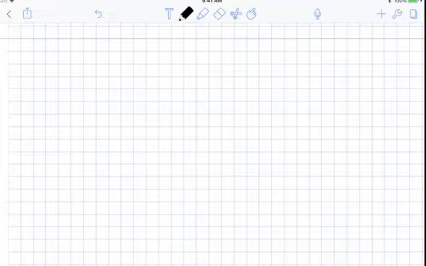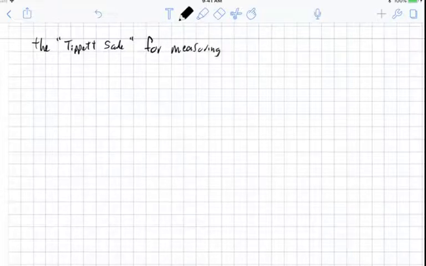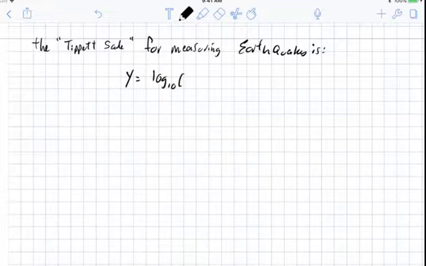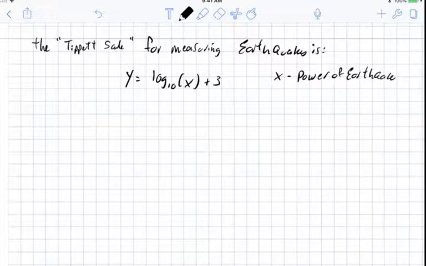I'm going to mix up some of the terms just to keep us lively, but the Tippett scale for measuring earthquakes is y is equal to log base 10 of x plus 3, where x is the power of the earthquake and y is the measurement on the scale. This is like the Richter scale, but better because I made up the numbers.